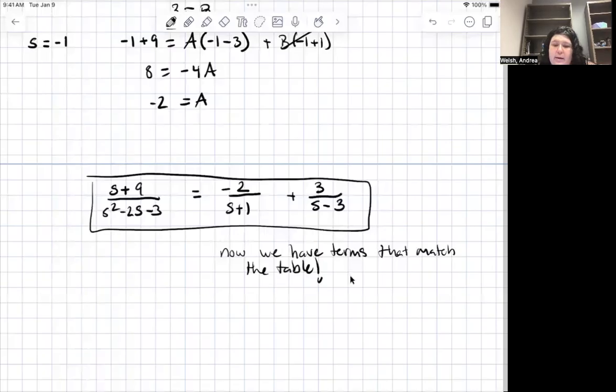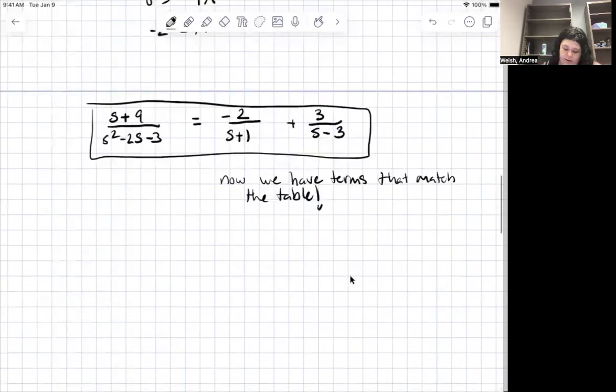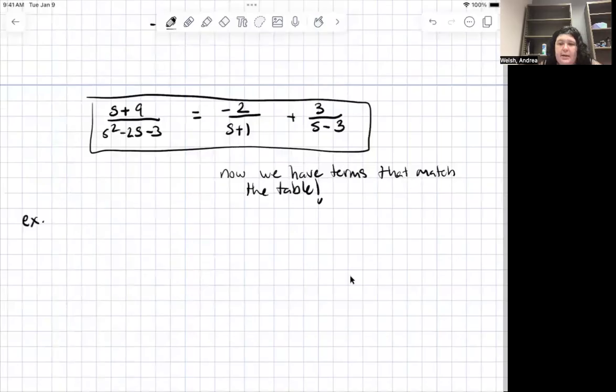But unfortunately, it's not always as easy as this. So let's do another one. Let's do a second example where we have a higher term of s in the denominator.